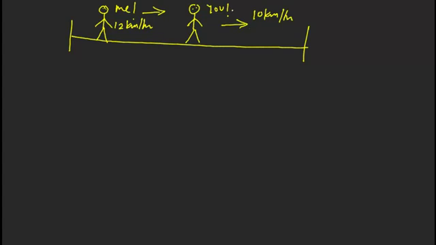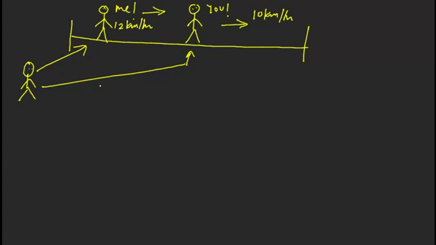Anyways, this speed of 10 km per hour and 12 km per hour is with reference to some stationary object. Suppose there is some person standing over here and he is looking at both of us and he is not moving. To him I appear to be running at 12 km per hour, and you appear to be running at 10 km per hour.